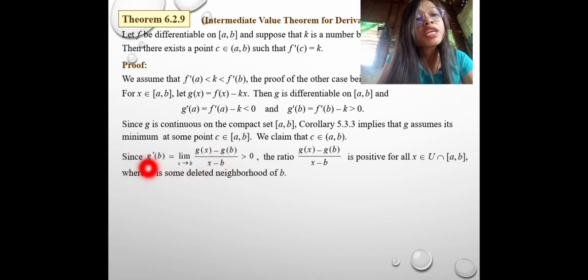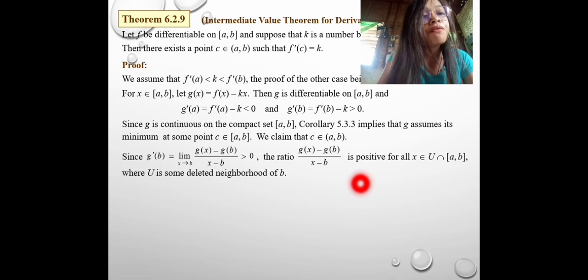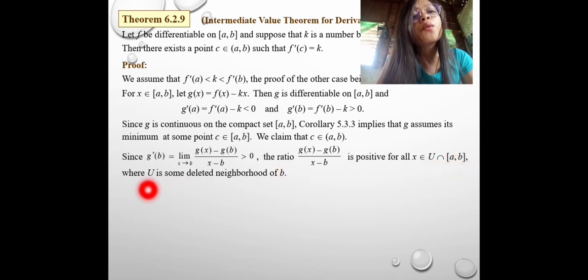Since g'(b) equals the limit of (g(x) minus g(b)) over (x minus b) as x approaches b, which is greater than 0, the ratio (g(x) minus g(b)) over (x minus b) is positive for all x in U intersect [a,b], where U is some deleted neighborhood of b.